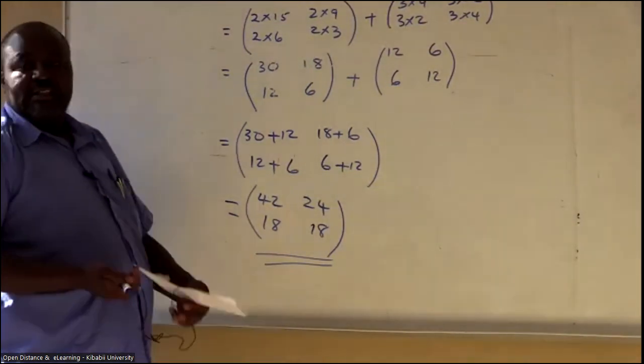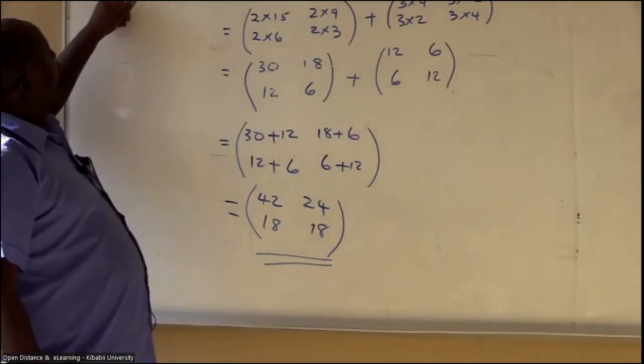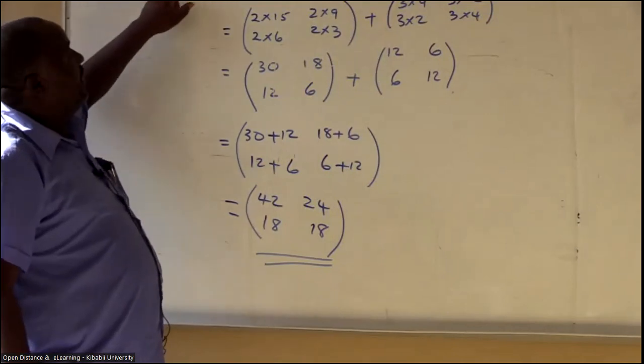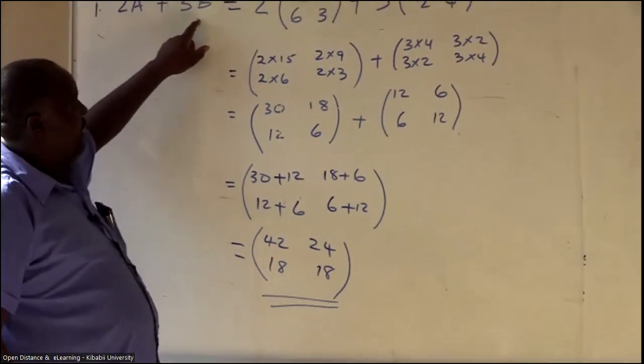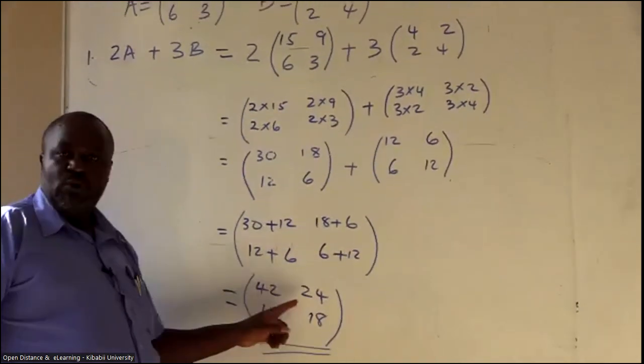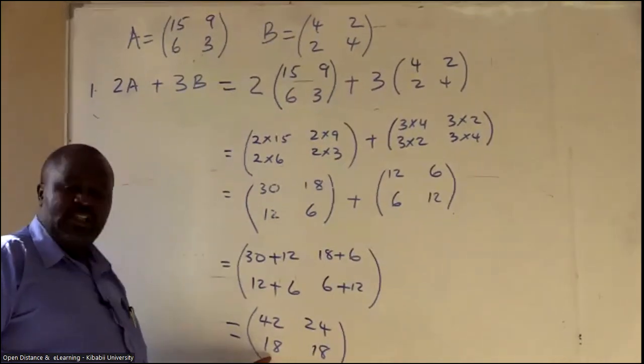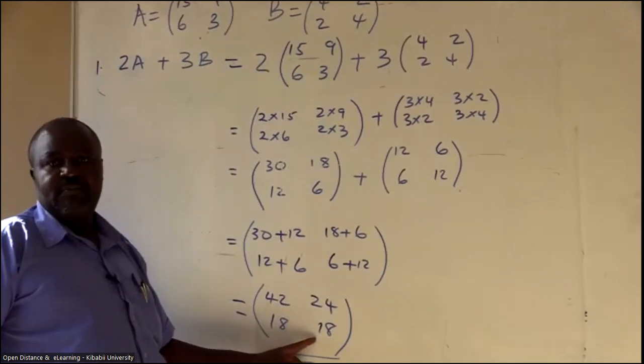So the matrix that is twice A plus thrice B shall be 42, 24, 18, 18.